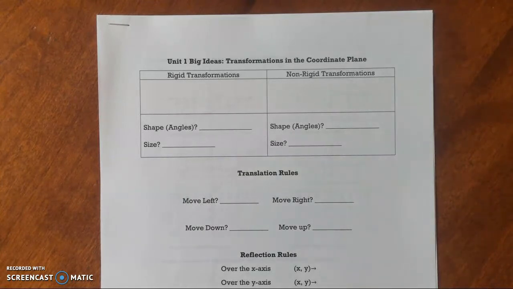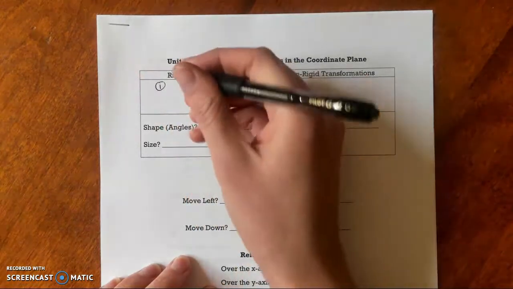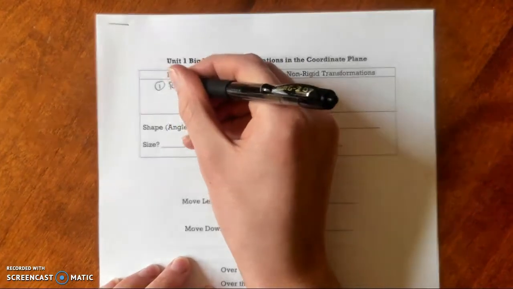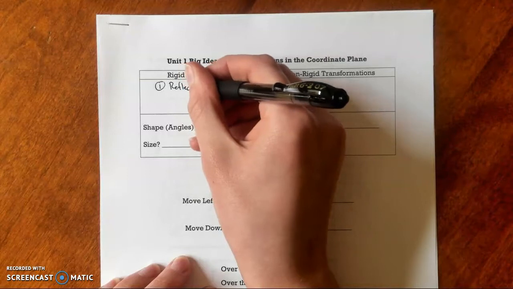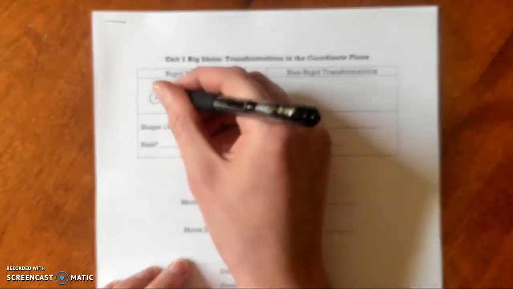So we remember our rigid transformations are those types of transformations that do not change the shape or the size of the shape. So those include, number 1, reflections. Number 2, rotations.